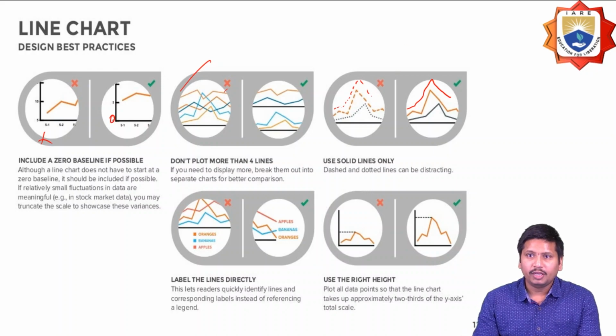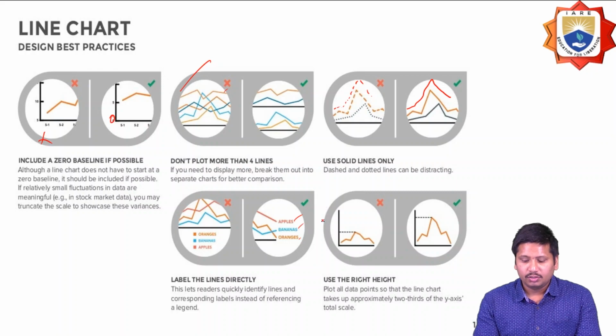And next one should be labeling the lines directly. That means this lets the reader quickly identify lines and corresponding labels instead of referencing a legend. Let's say we are going to have apples, bananas, and oranges.